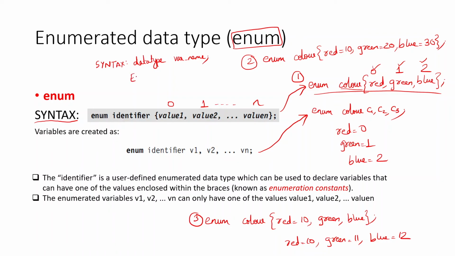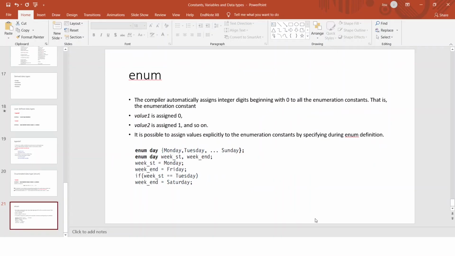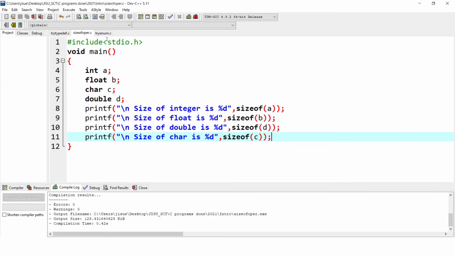Example: int a or float b. So syntax gives the rule or format on how to use various commands in C language. To make the enumerator data type more clear, we will check one program.